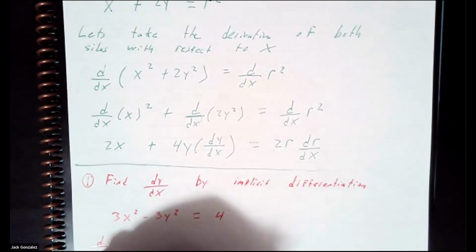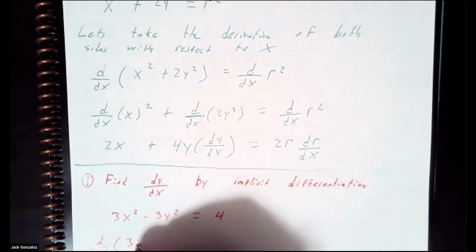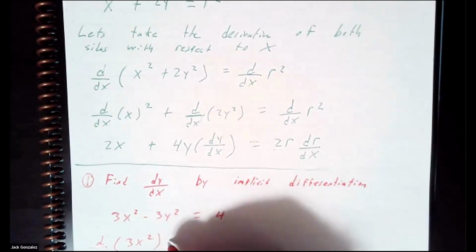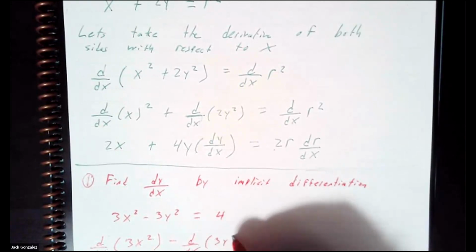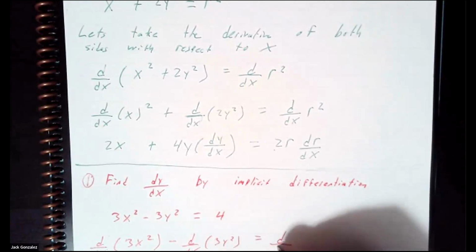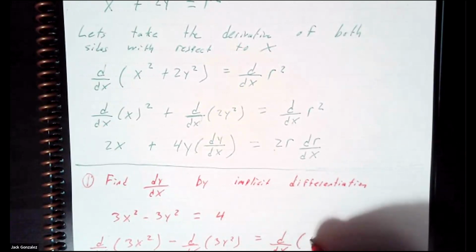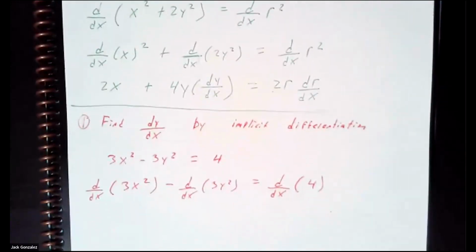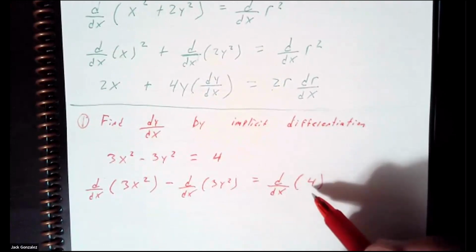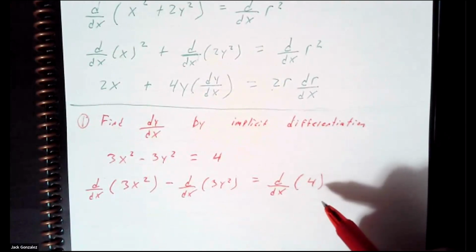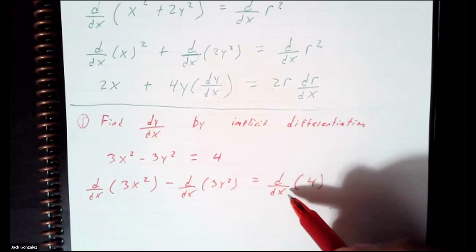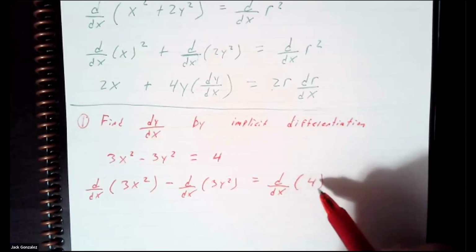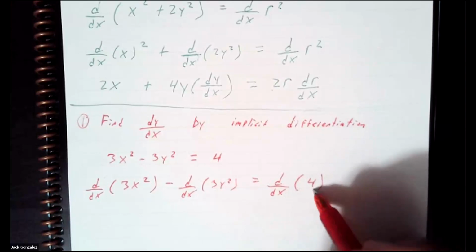So d dx of 3x squared. Just do each term. You can skip one step if you want. And the derivative with respect to any variable of a constant, what is this going to be? Zero. Yeah, exactly right. It doesn't matter if it's x, y, z, r. Derivative of a constant will always be zero.